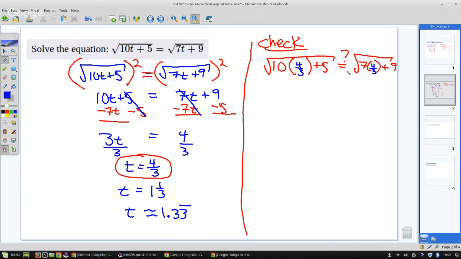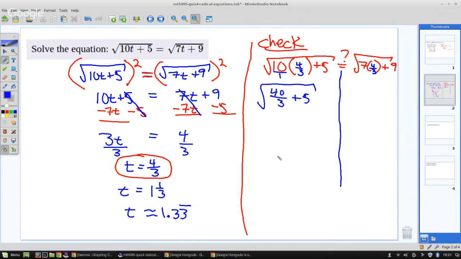Now once I plug in, I'm not doing any algebra, I'm just pretty much doing arithmetic. So I'm just going to draw a line down the middle. 10 times 4/3, I could view that as 10 over 1. That's going to give me 40/3 plus 5 inside the square root.